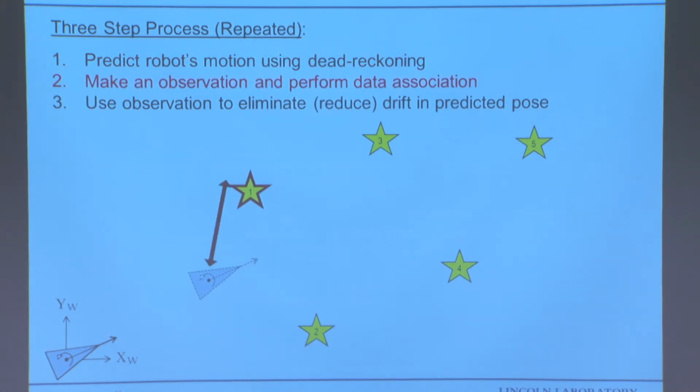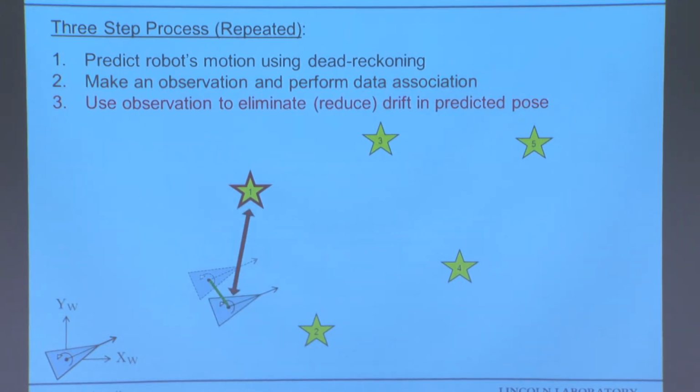And then we make an observation of the environment. So here we're making an observation to landmark number 1. It's a great landmark because it's easy to identify, it's unique, it's easy to detect. And so we make a measurement. We get some measurement back from whatever sensor we're using to detect our landmark.